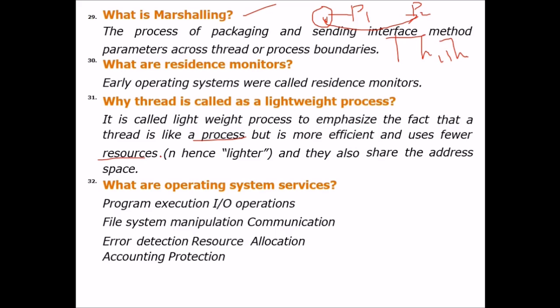So rather than having a process control block and all those things which take time for a process from the time it is born until it completes, it does not require it. That is why they are lighter. They also share the address space, while a process has its own address space. But the beauty of a thread is they all share the address space.